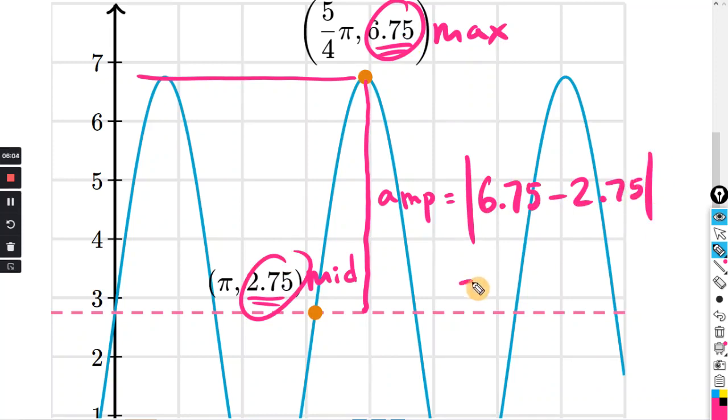And of course, that is just 4. And just a tip real quick. If you subtract numbers and you put the larger value first, obviously you will always get a positive answer. So if you put the larger value first when you subtract, you won't even need the absolute value.